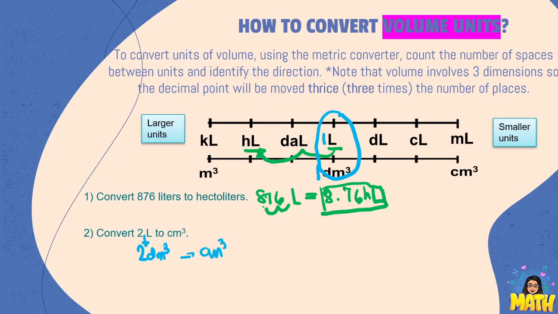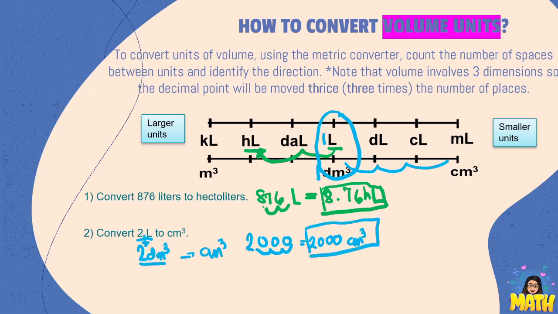Okay, so this is 1, 2, 3. So it will become 2,000 cubic centimeters. So this means that 2 liters or 2 cubic decimeters is equal to 2,000 cubic centimeters. Or you can still use this.